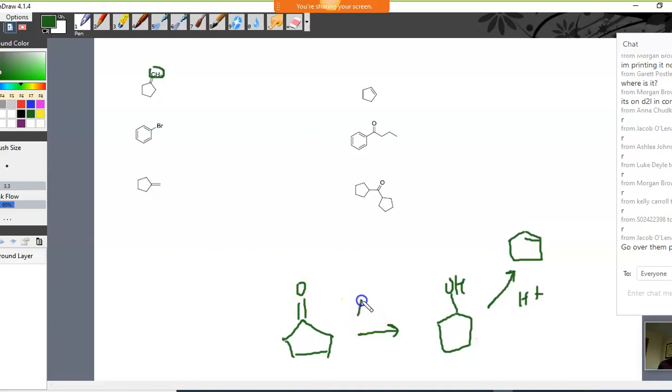So this is either sodium borohydride or LAH, either one in this case. And then to do that is going to be the oxidative cleavage. Okay, that's the first one. Any questions on that?